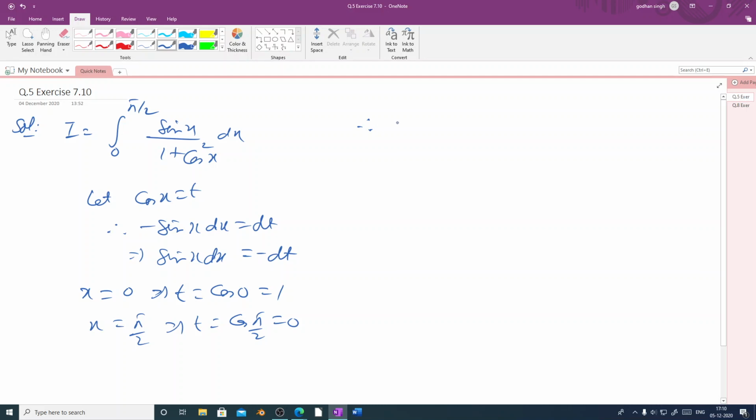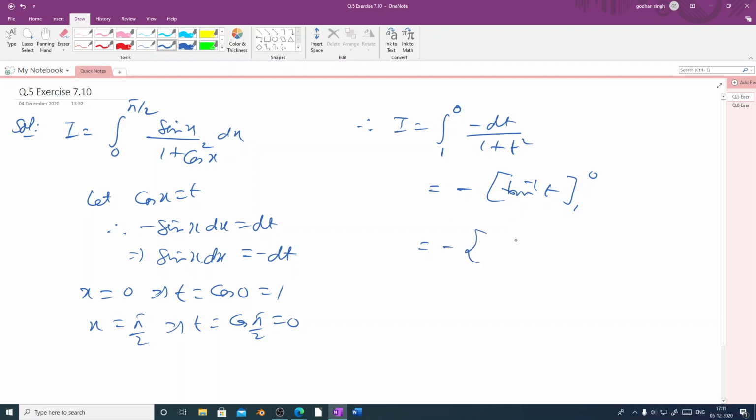Therefore, we have I equals, putting the limit now, lower limit is 1 and the upper limit is 0, and sin x dx is equal to minus dt over 1 plus t square. We know the integration of 1 over 1 plus x square is tan inverse x, so we will be getting minus tan inverse t from 1 to 0.